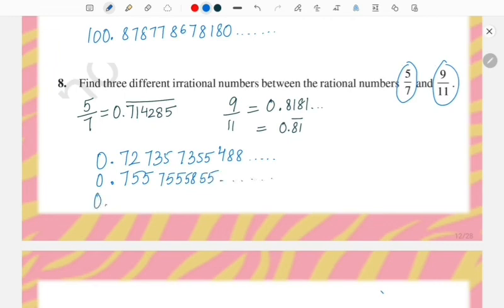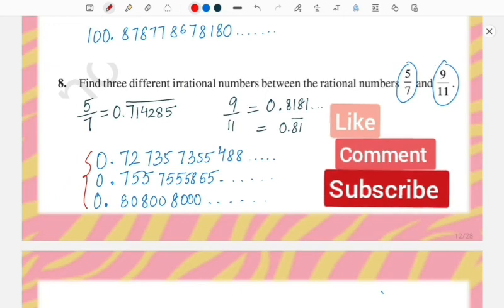Then we can give another example, 0.80, 800, 8000, again with dots we have. So now we have 3 irrational numbers lying between 5 by 7 and 9 by 11. I hope it is clear. If not, you can write in the comment section.